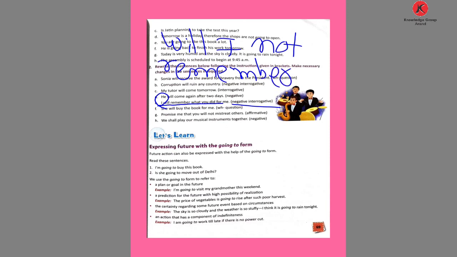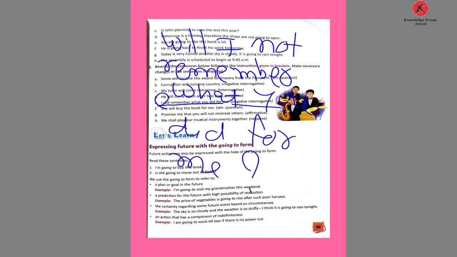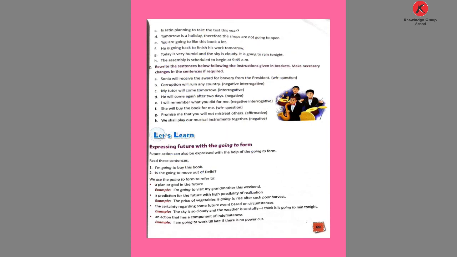Will I not remember what you did for me? Question mark. Only the place changes, and after changing the place of the subject you add only not. Okay, will I not remember what you did for me? That is the question.